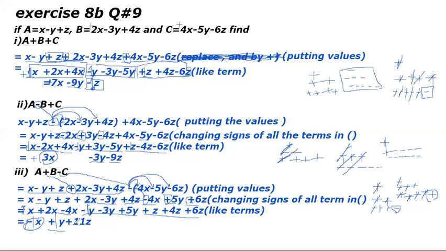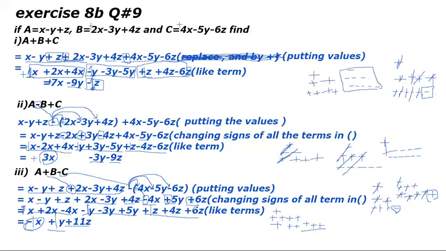Now positive 11z. Okay, I will prove how positive z, positive 4z, and positive 6z give us positive 11z. Positive z means positive 1z, positive sign 1 time. Positive 4z means positive sign, or positive z, 4 times. Positive 6z means positive sign 6 times: 4, 5, 6.